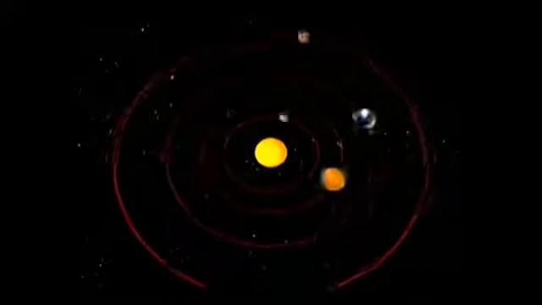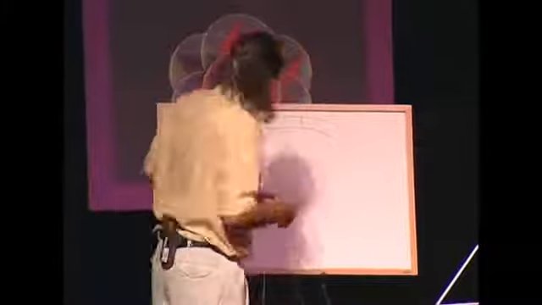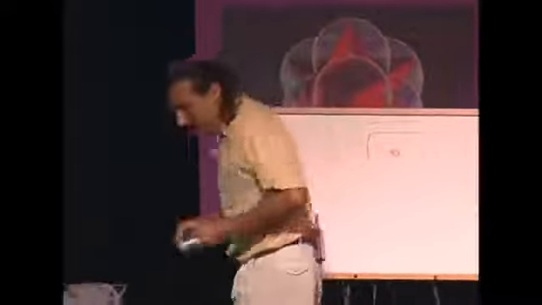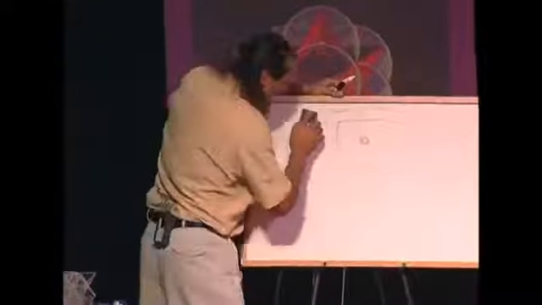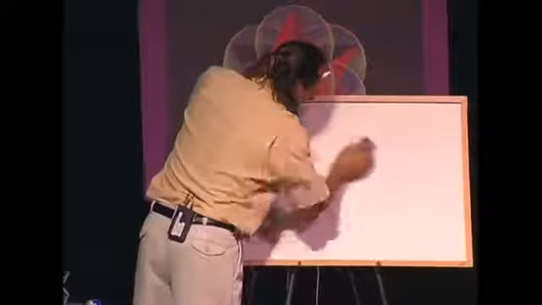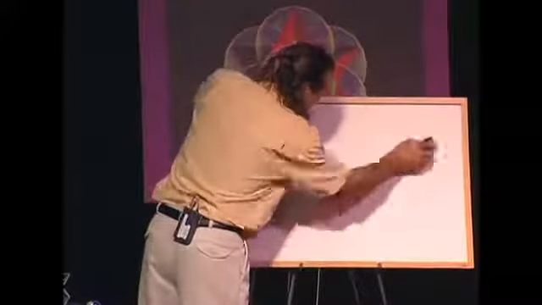Well, actually, that is absolutely incorrect. Thinking of the solar system in this manner is equivalent to thinking that the Earth is flat. The solar system does not behave that way at all.